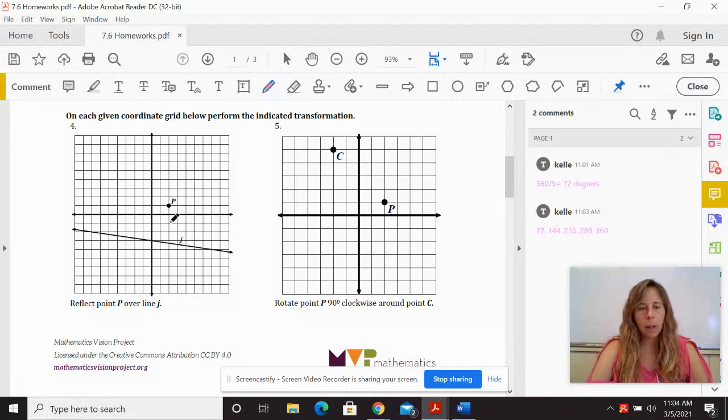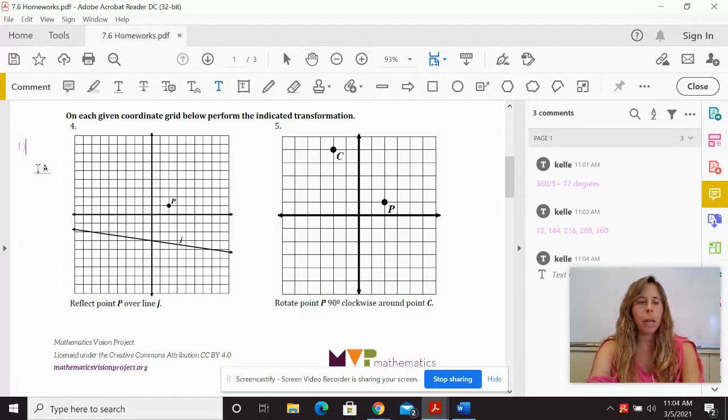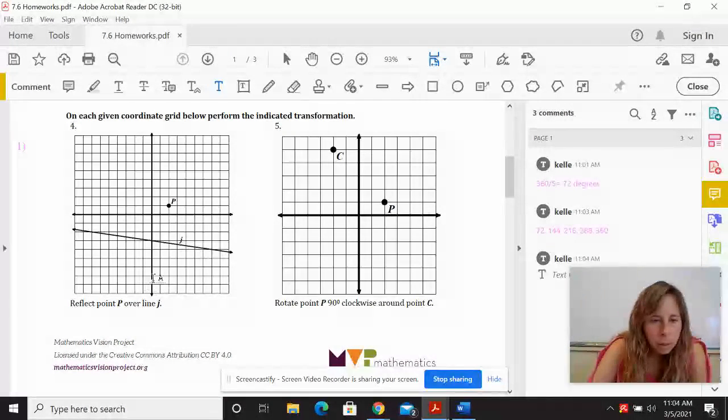But that only works if your lines are not slanted. So what we're going to do, this is how we've been doing it, I'm going to find the slope of line J. Start here.